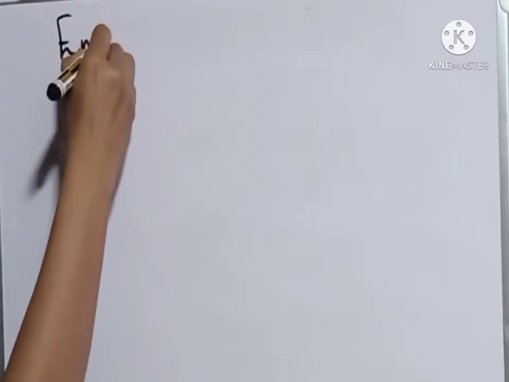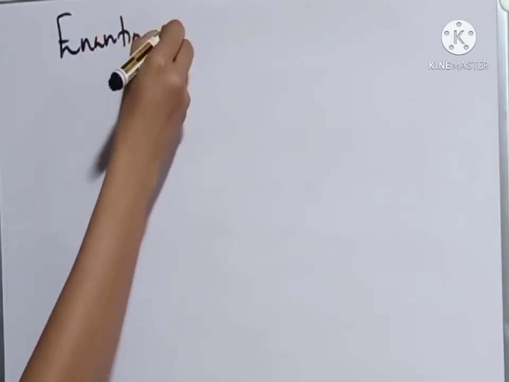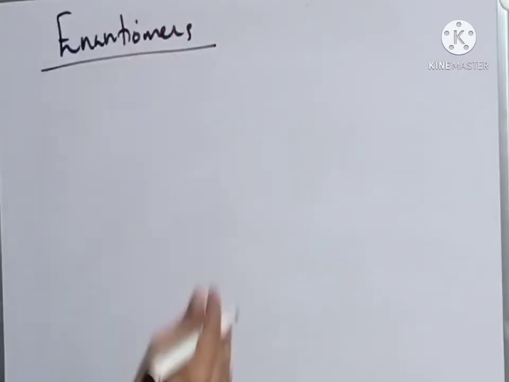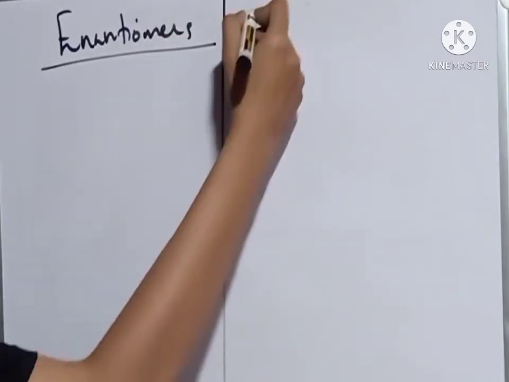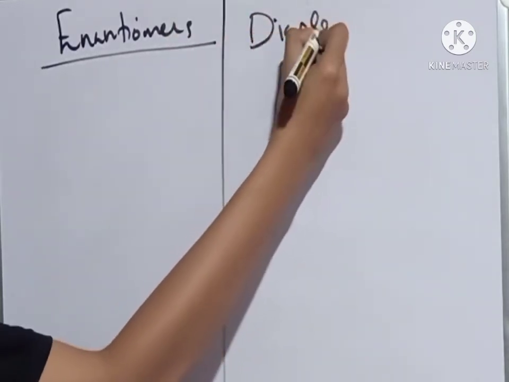From the last video, you may be clear about enantiomers. So now we are going to differentiate enantiomers and diastereomers.